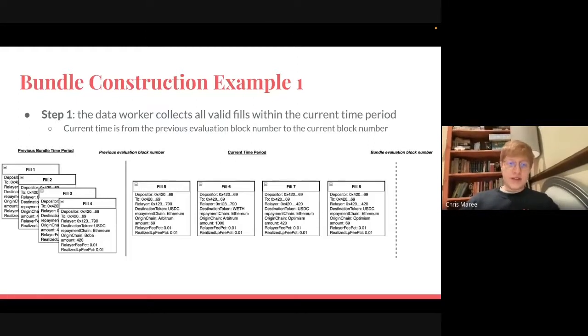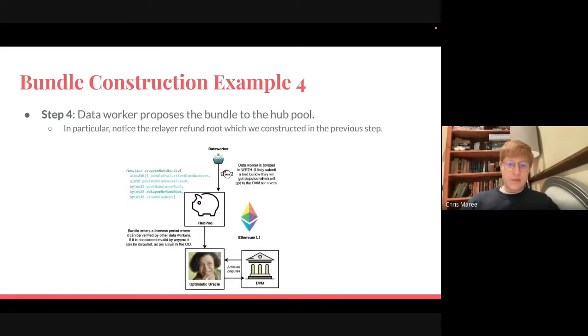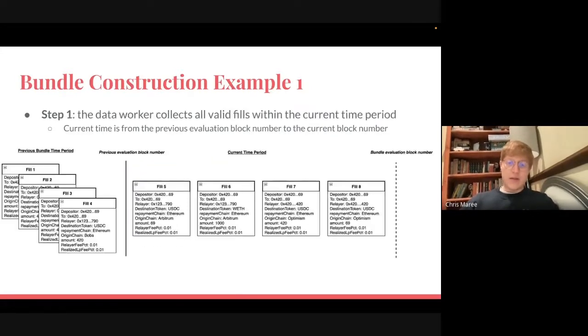So this data property, bundle evaluation block numbers, is an array of block numbers ordered by chain ID. Chain ID 1 is Ethereum, 10 is Optimism, etc. So it's basically saying the bundle that I'm proposing covers the following block range from the previous valid evaluation number.